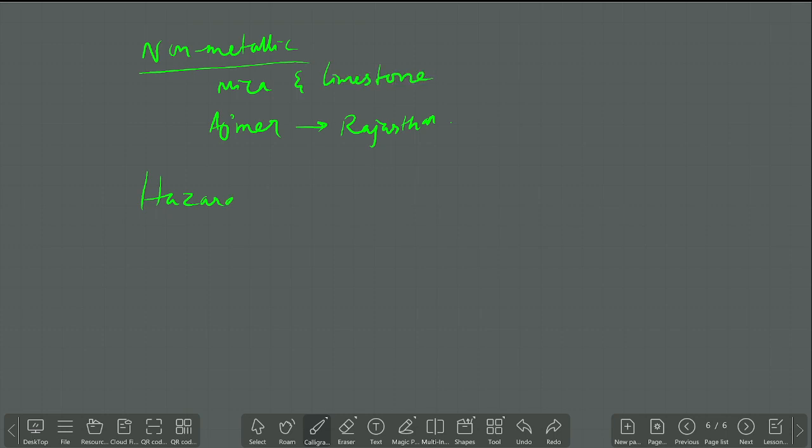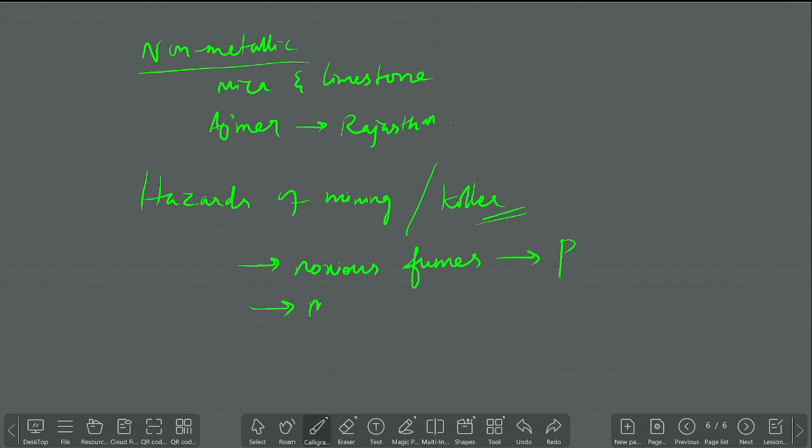Then hazards of mining, it's very important. Mining is also called a killer industry, because what are the disadvantages? Noxious fumes which make workers vulnerable to pulmonary diseases. Then mine roof collapsing, degradation of soil, fires in the coal mine, that's very important.